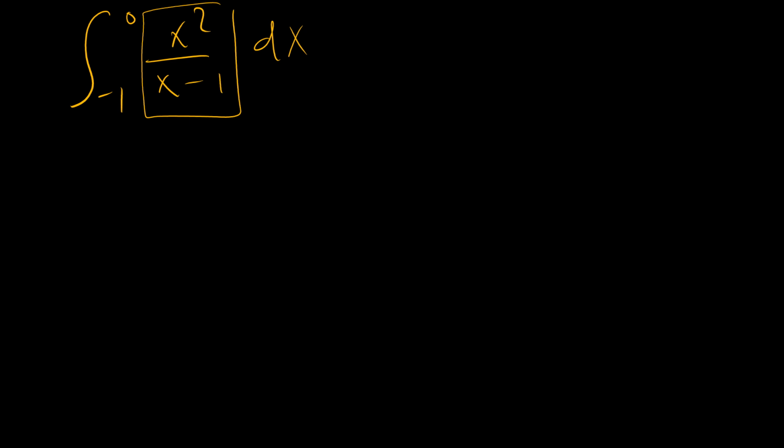So our problem is as shown here. Now, the first method that I'm going to use: since our integrand is an improper fraction, that means the degree of the polynomial in the numerator is greater than that in the denominator.